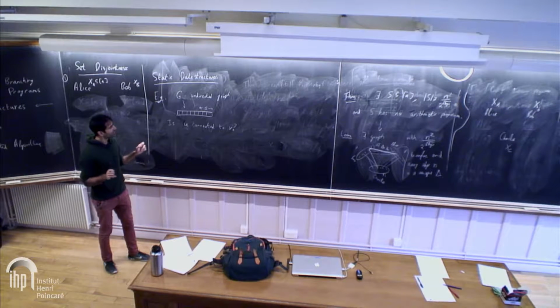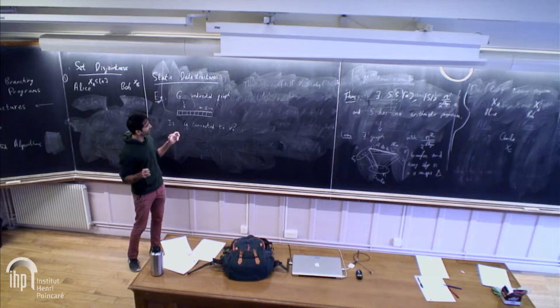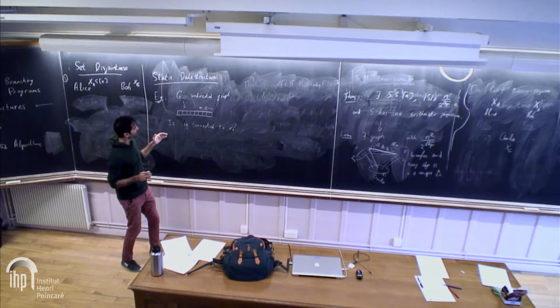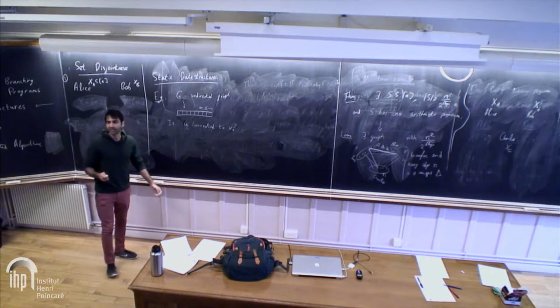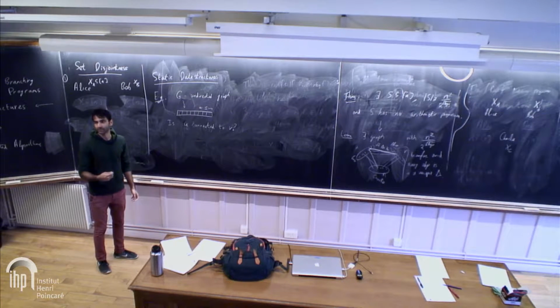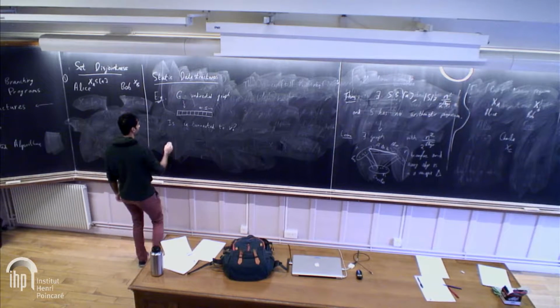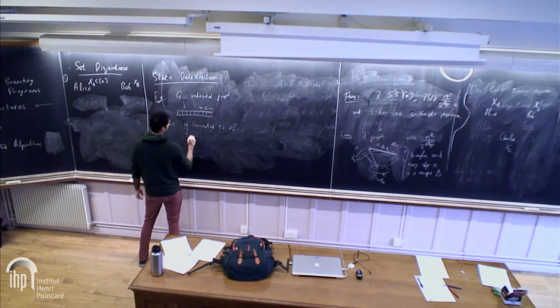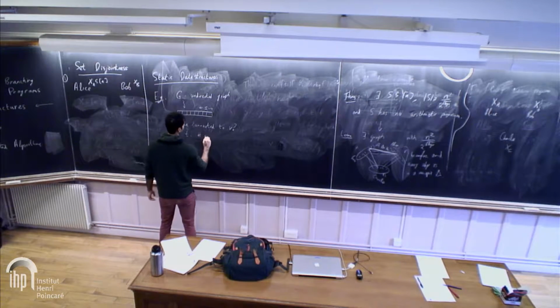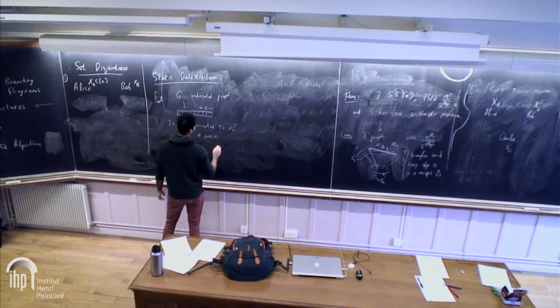Okay, but let me say, I didn't say exactly what we care about. What we care about is we want to minimize S, and we also want to minimize the running time of the algorithm. So we want to minimize also T, the number of queries you need to make to the data structure to answer this question.